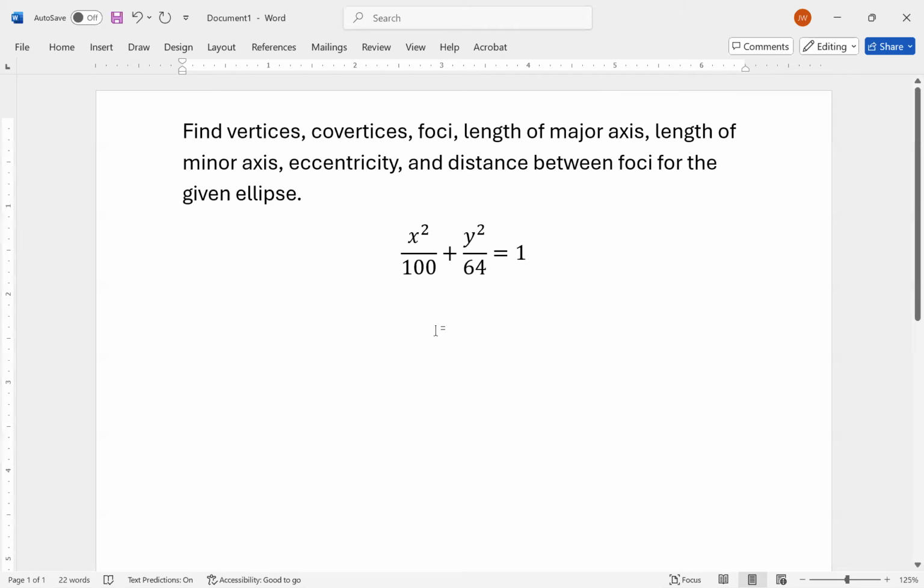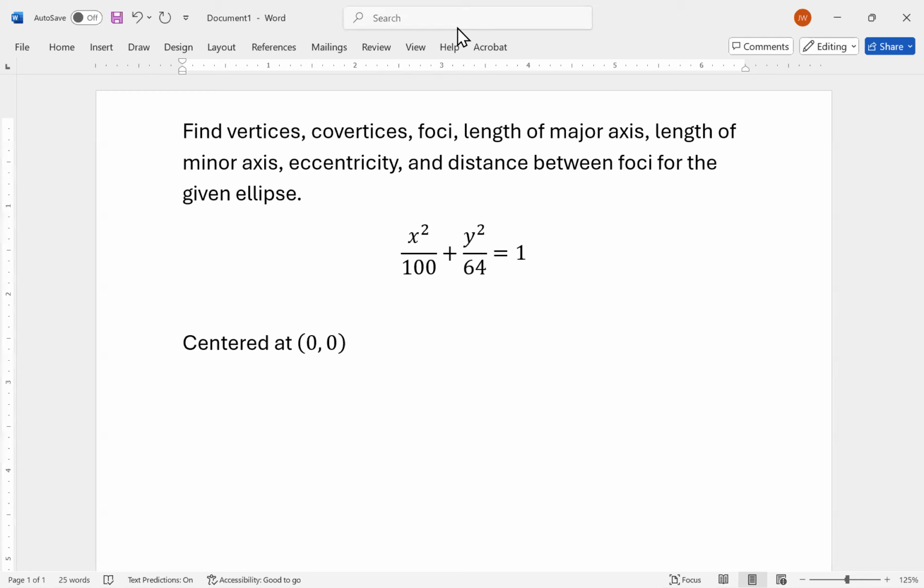Now I want to point out this is a standard equation for the ellipse, and it's centered at the origin. That's not something that we were specifically asked to state, but that is something I want to state.